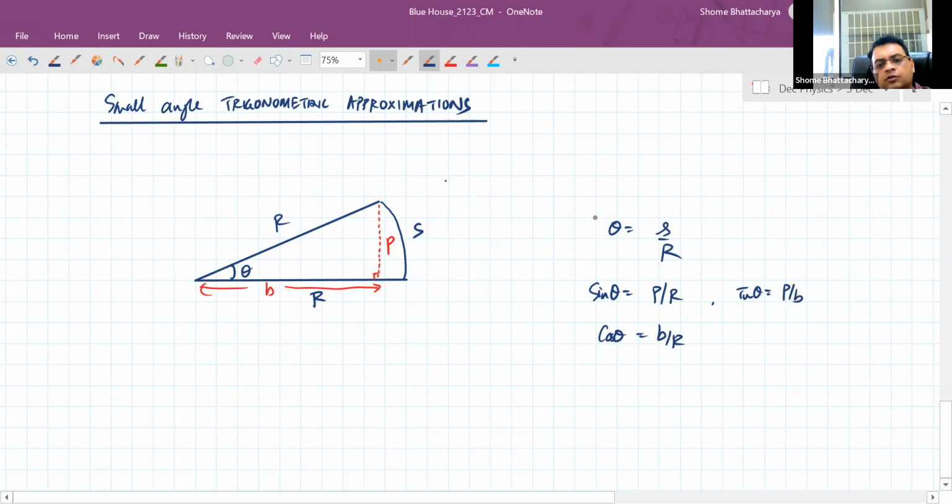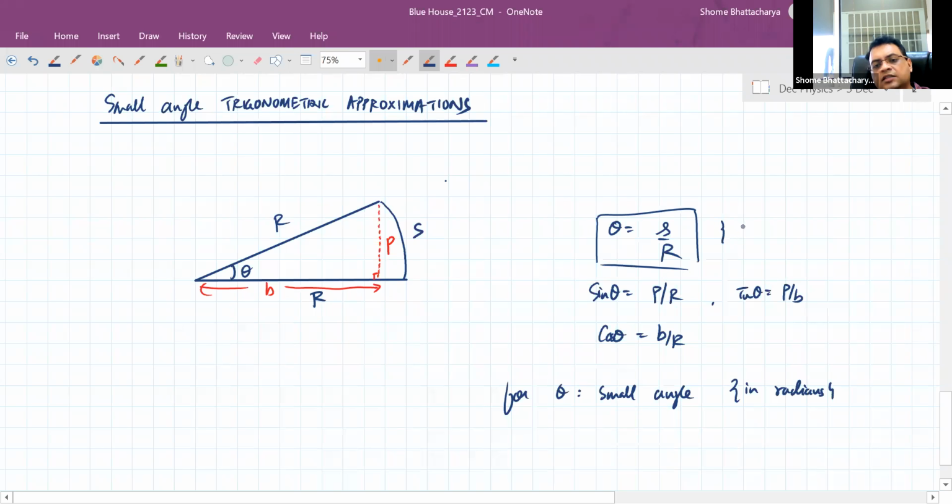Okay? So now logically what happens is that for theta being a very small angle in radians, of course, this angle is expressed in radians. So for theta being a small angle in radians, for example, if we take theta something like 0.05 radians, it's a very small angle.